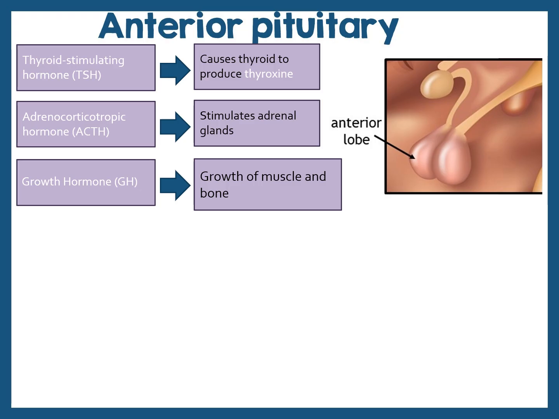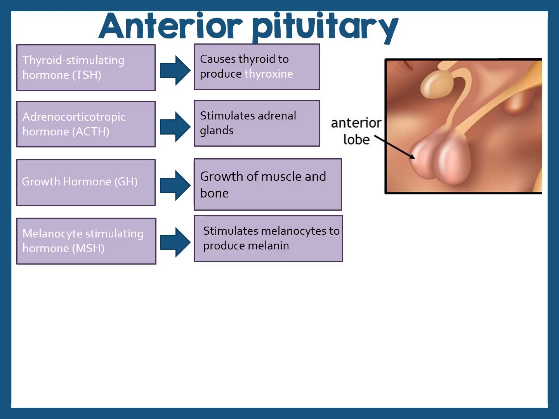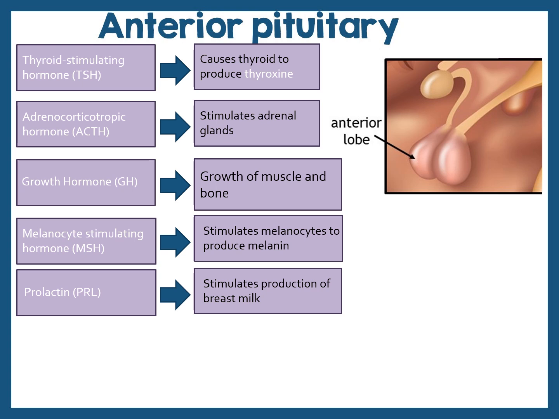Growth hormone will have an impact on the growth of muscle, bone, cartilage, fat. It will also have an impact on the liver, which we'll talk about. Melanocyte stimulating hormone will stimulate the melanocytes within your skin, hair, and the iris of your eyes to produce melanin, which is a pigment.